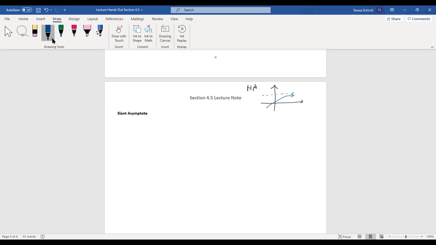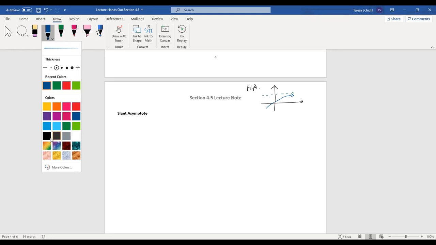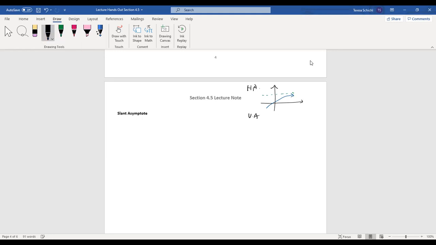We also talked about the vertical asymptote. What is the vertical asymptote? My graph is going to approach a vertical line, correct?